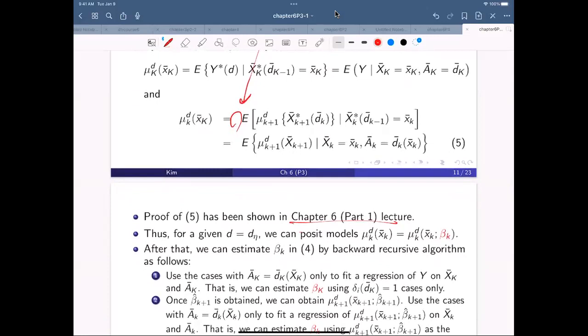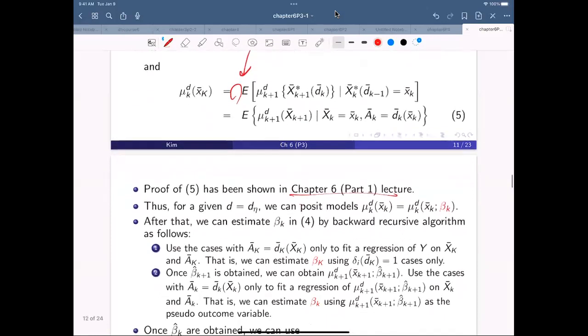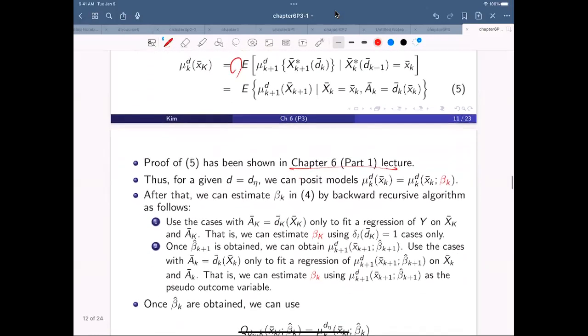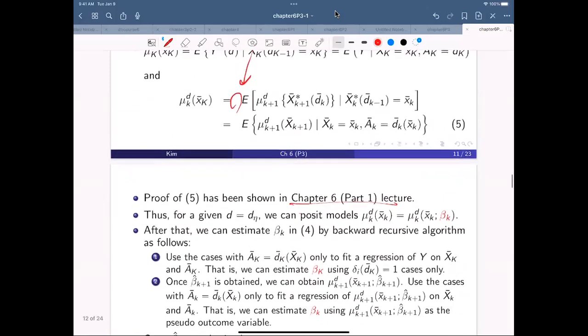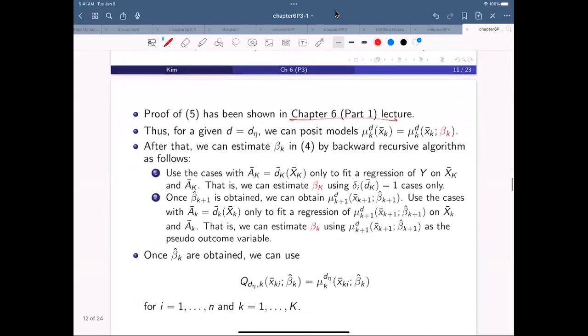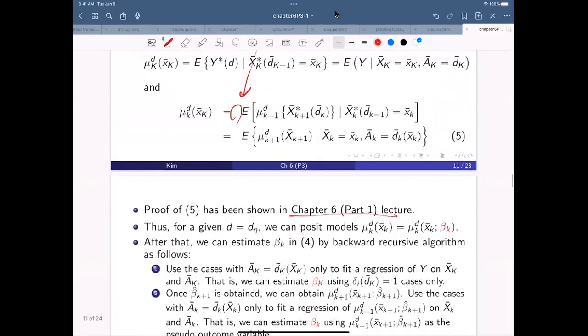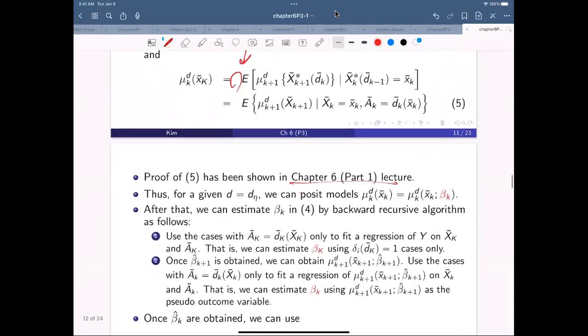Okay. So now the basic idea is that we want to use this relationship to do the regression.